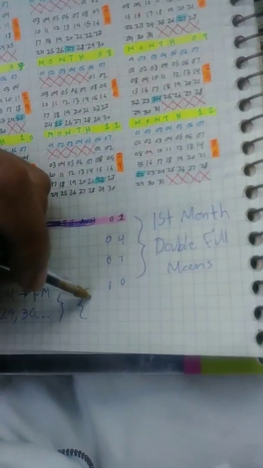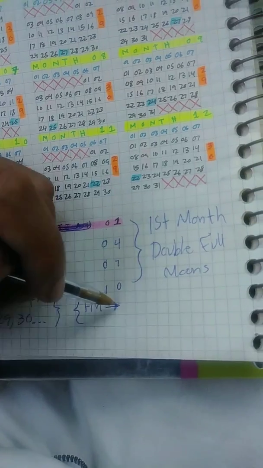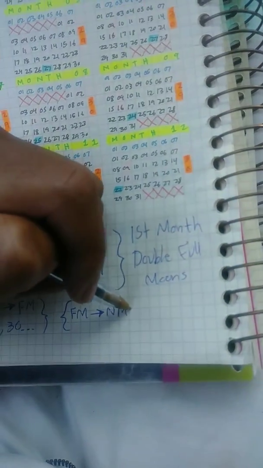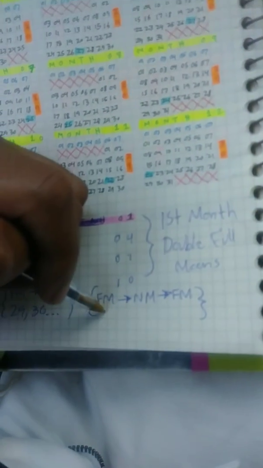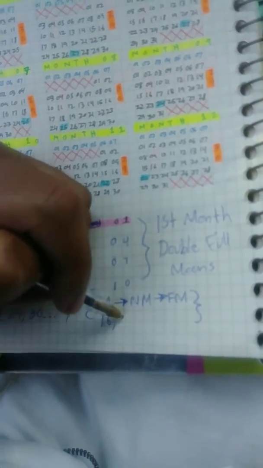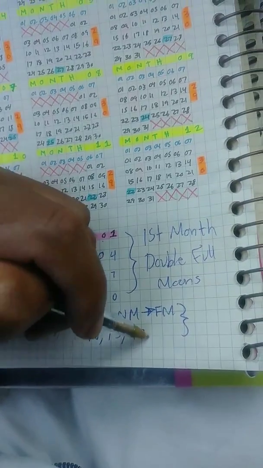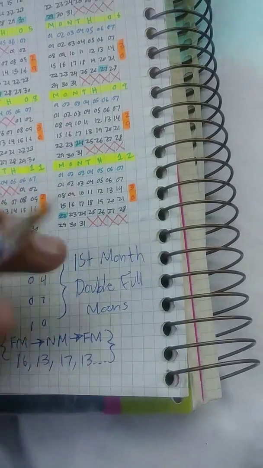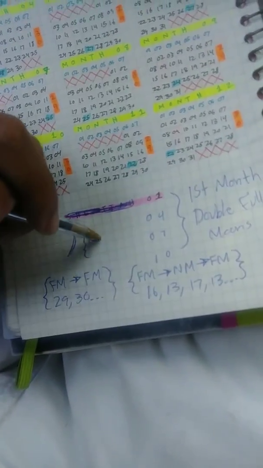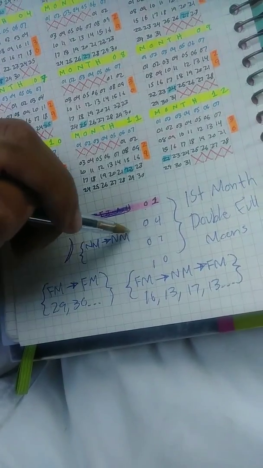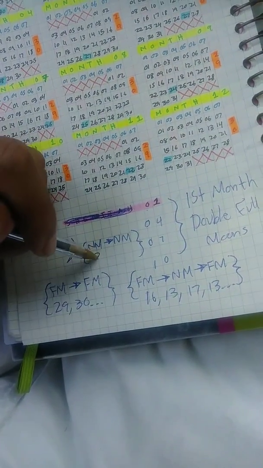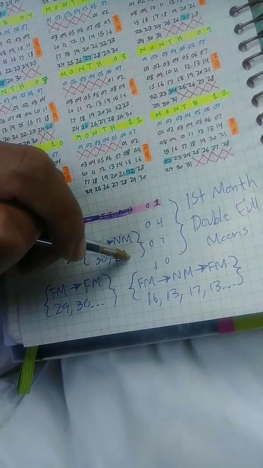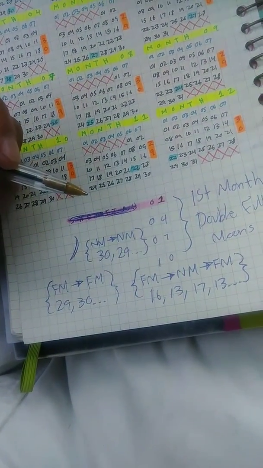And if you want to go from full moon to new moon and back to full moon again, then the pattern would be 16, 13, 17, and 13, and then it would repeat over. And if you were to track from new moon to new moon, it would be 30 days and 29 days, and that would repeat.